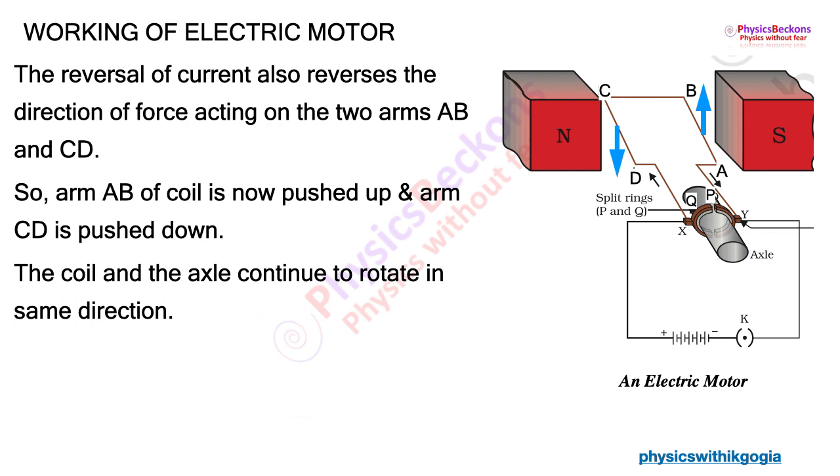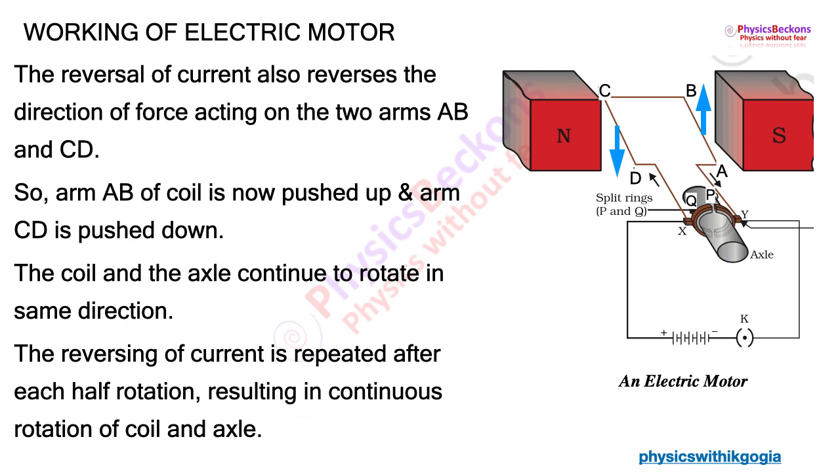The coil and the axle therefore continue to rotate in the same direction, that is anti-clockwise direction. The reversal of current is repeated after every half rotation, resulting in continuous reversal of direction of current, but the coil continues to rotate in the same direction along with the axle.